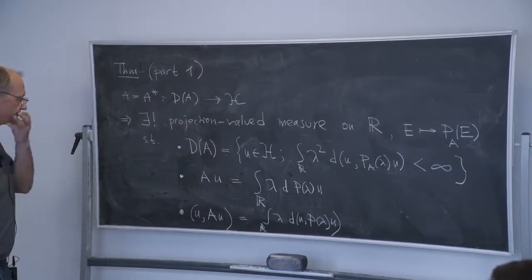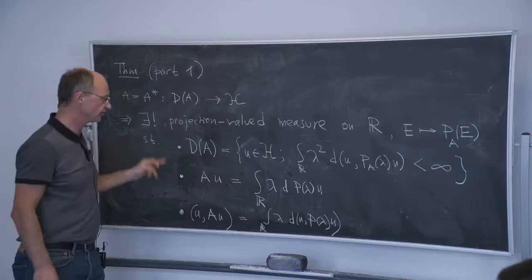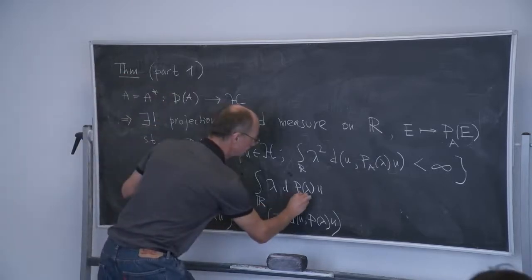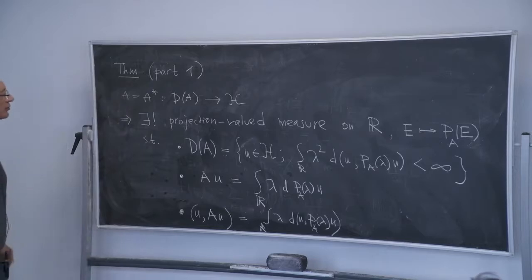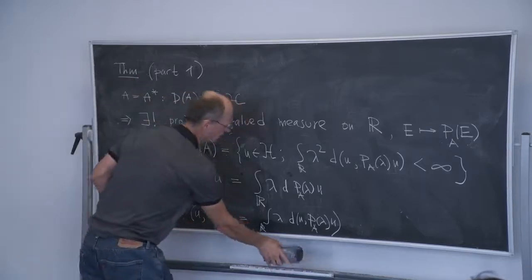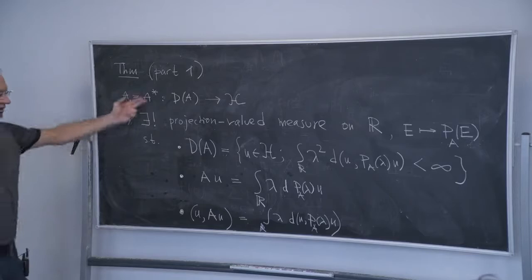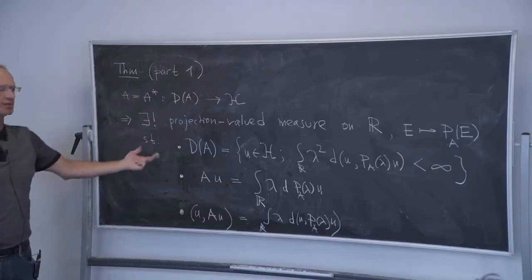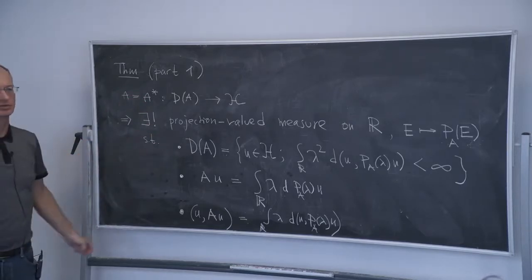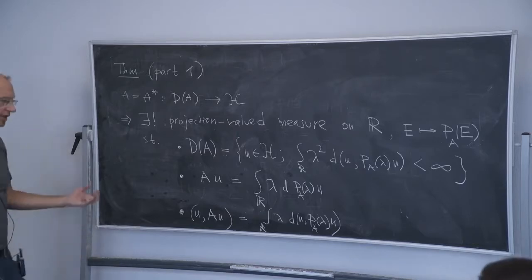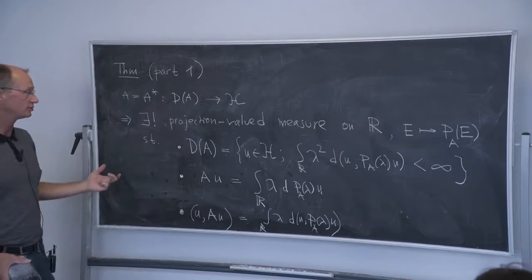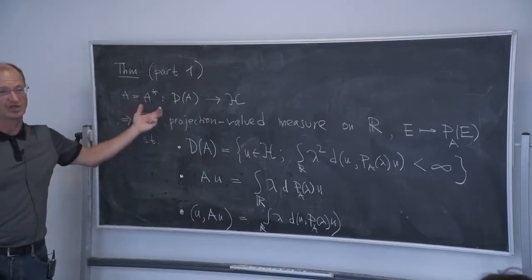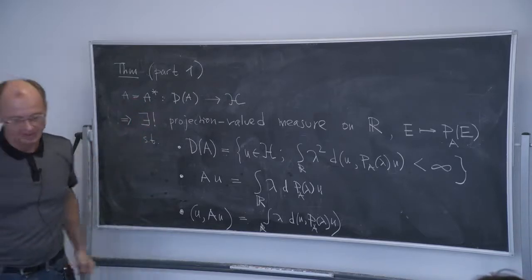So basically, there is a trade between those operator valued measures and the self-adjoint operators. We saw that in the finite dimensional case, those statements are basically statements of the ordinary spectral theorem. And this is a formulation which generalizes to the infinite dimensional case and even to the unbounded case.